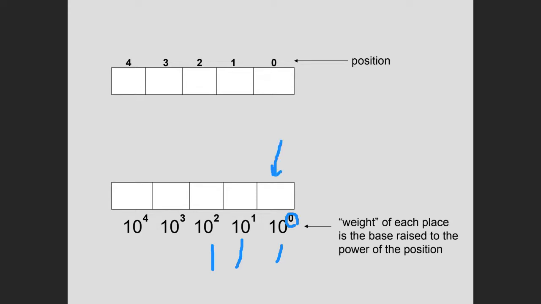And that's convenient because computers always start counting with zero. When we count as humans, we start with 1, computers start with 0. So this lends itself very well to digital devices. The fact that that exponent is a 0, we can use that as the 0th position. That's the way to think of it.